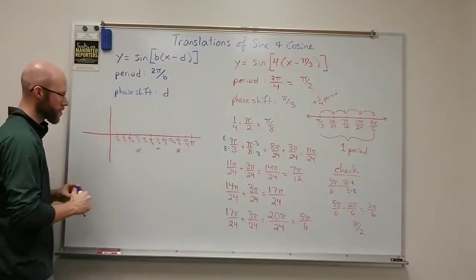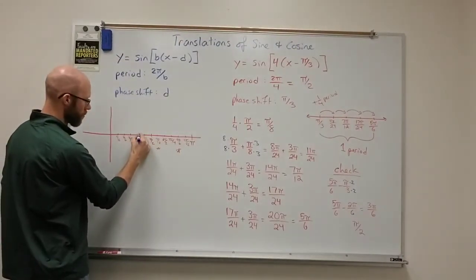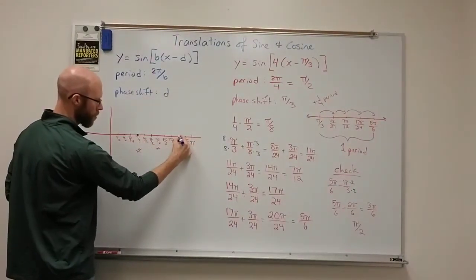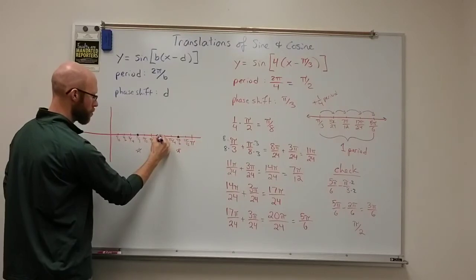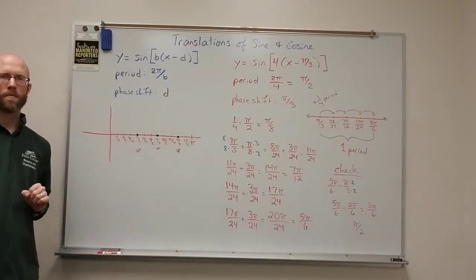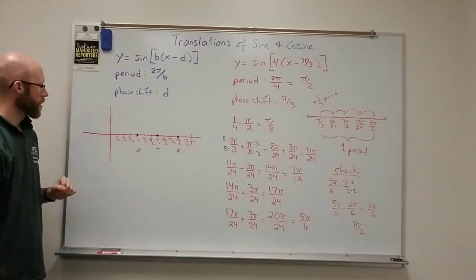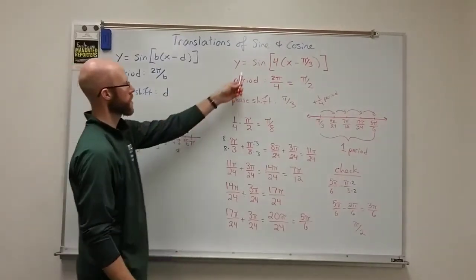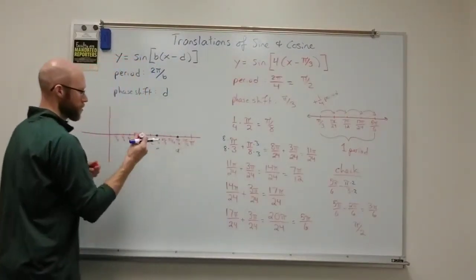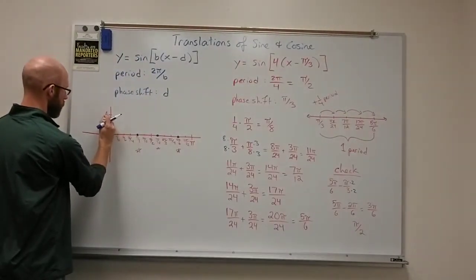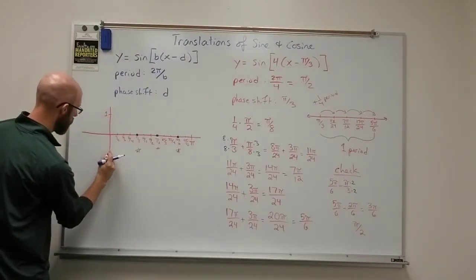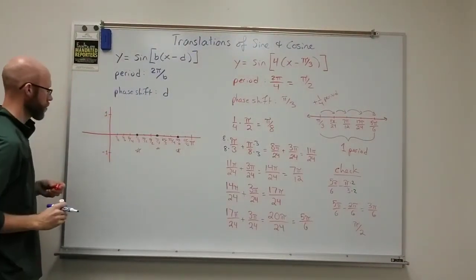So my intercepts are going to be the first point, the last point, and this middle point. Those are my 3 x-intercepts. Then remember, this graph has an amplitude of 1, keeping this simple. So I put a 1 and a -1 on the y-axis.